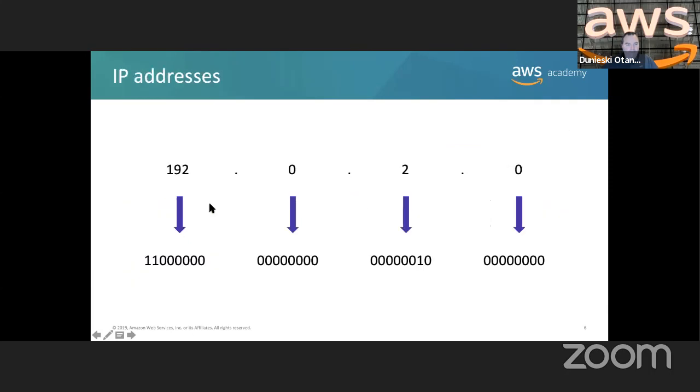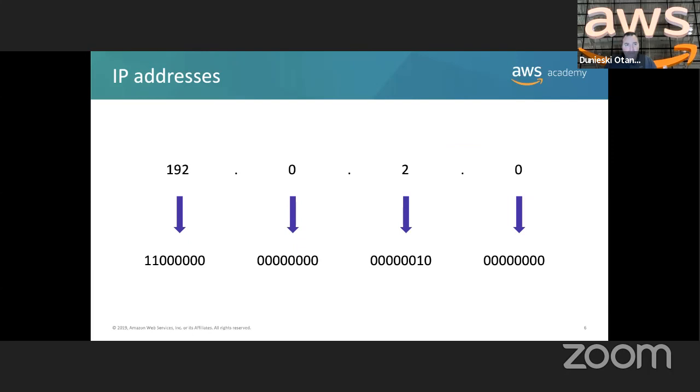So the computer doesn't read 192. The computer reads 11111000000. The computer doesn't read numbers or letters. Computers read binary. So 0 or 1, 0 or 1, 0 or 1. You don't need to know that for now. Like I said, this is not a networking class.